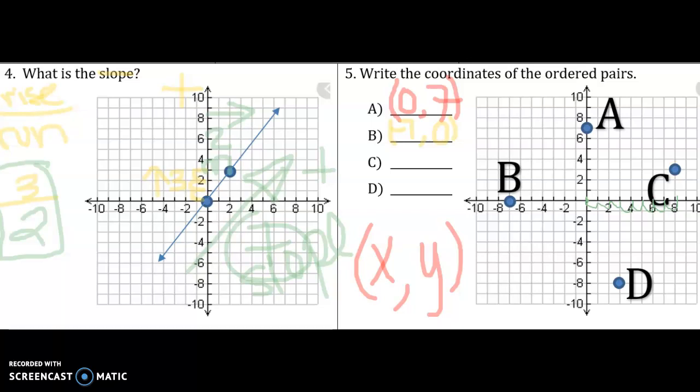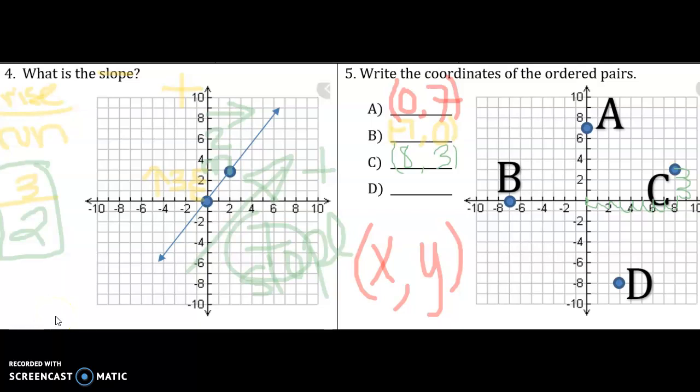We're almost there. So in order to get to C, we had to travel 8 units. How many units am I going to travel up? 1, 2, 3. 3 units up. So we traveled right, which is a positive number, 8 units, and we traveled up, which is also positive, so positive 3. So that ordered pair is at 8, 3.